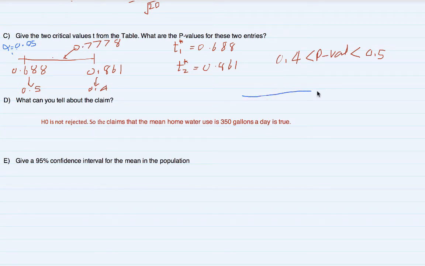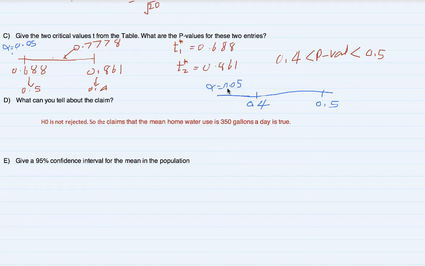So our p-value is between 0.4 and 0.5. These are the range of the p-value. So alpha should be somewhere here.